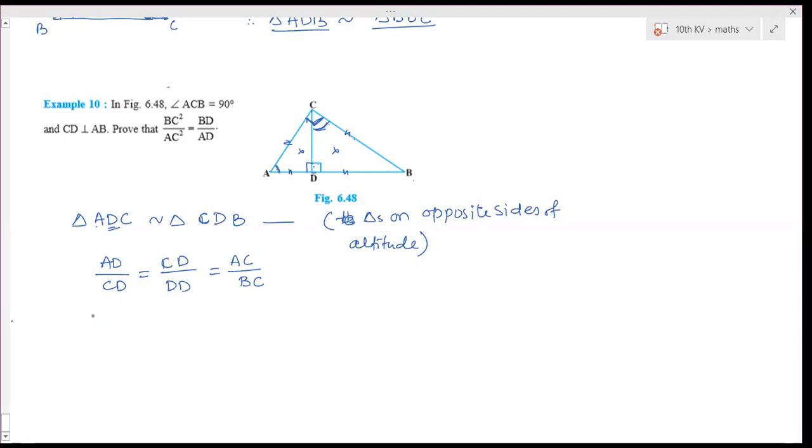BC square by AC square is given. BC by AC is equal to AD by BD, CD. Okay, sorry, we are not supposed to take this one. Leave this one. This is not the thing.